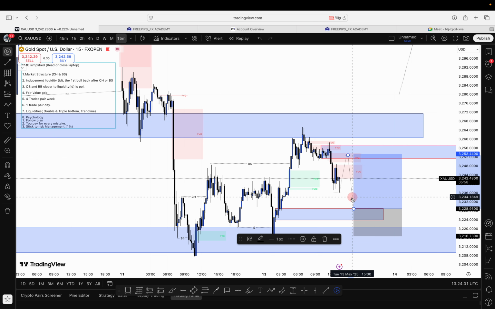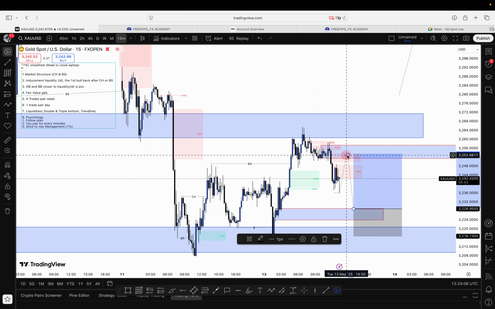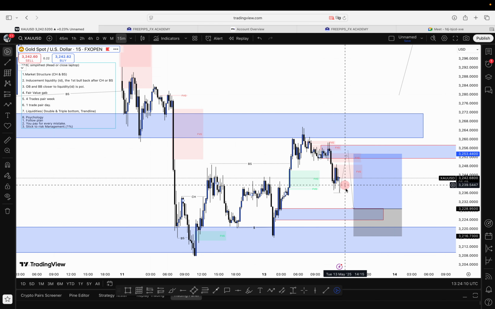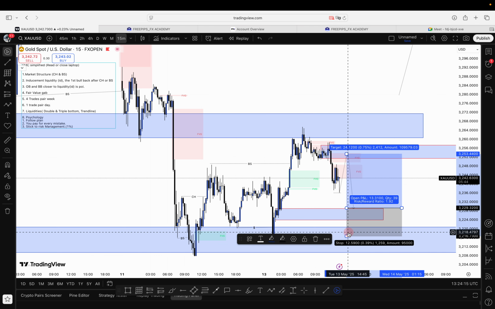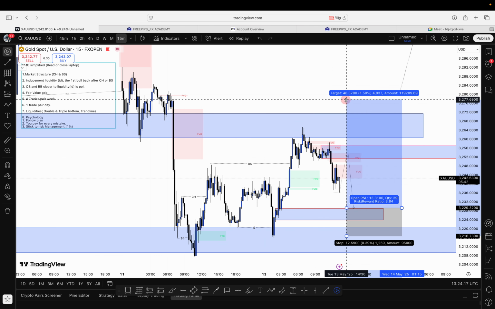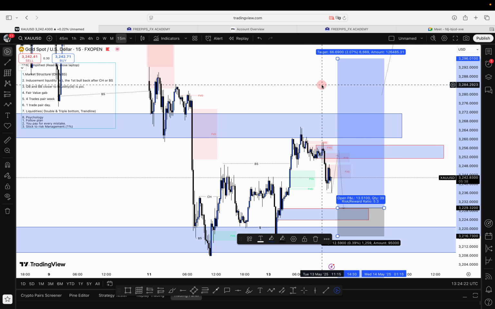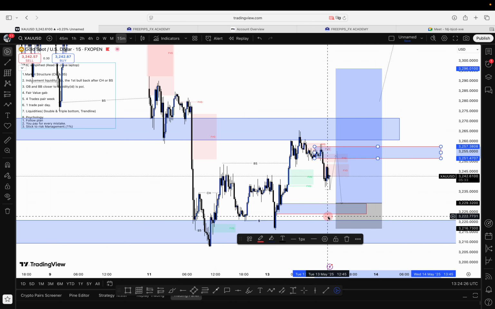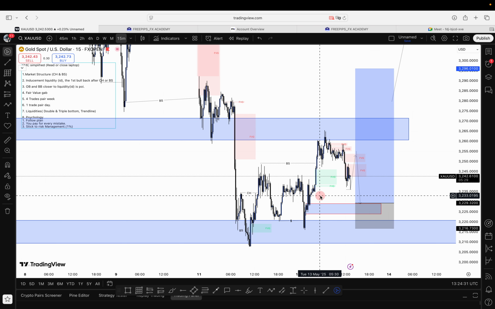So if price is able to go high like this and then come back to this other block, that is when I'll be interested in taking a buy, and then I will extend my take profit. But right now I can't find any inducement, so there is no way I'm going to take any position.